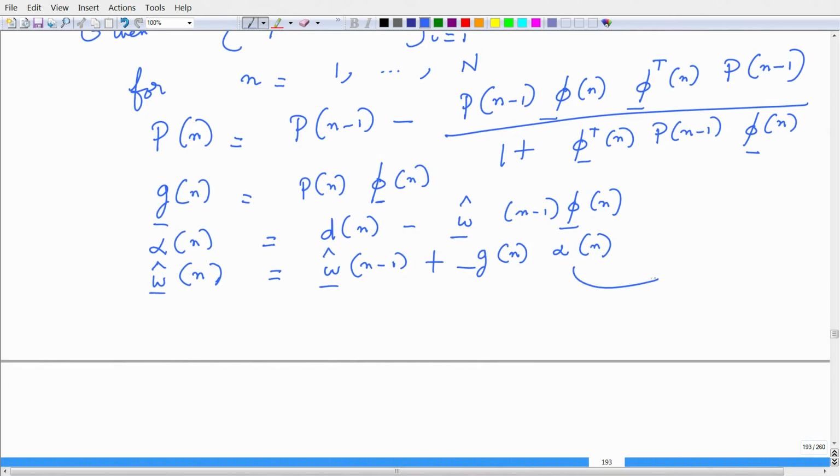So, this is a scalar and this is basically g of n, which is a vector.